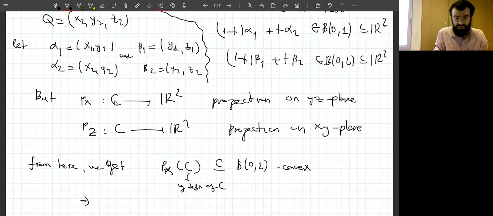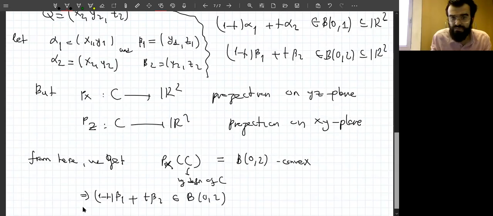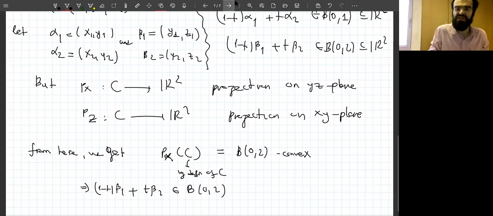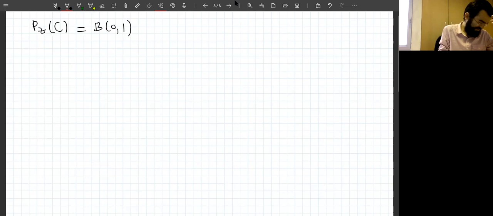In fact, it's equal. This implies 1 minus t beta 1 plus t beta 2 in here. And the other, t, z, c both in 0, 1, which is convex from previous questions.